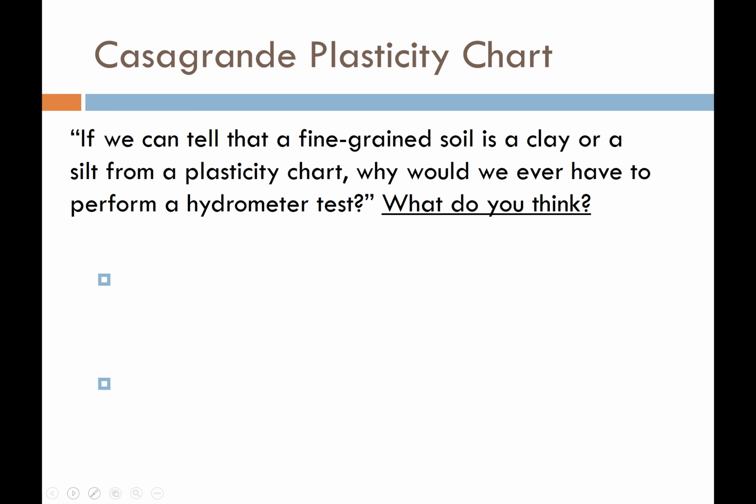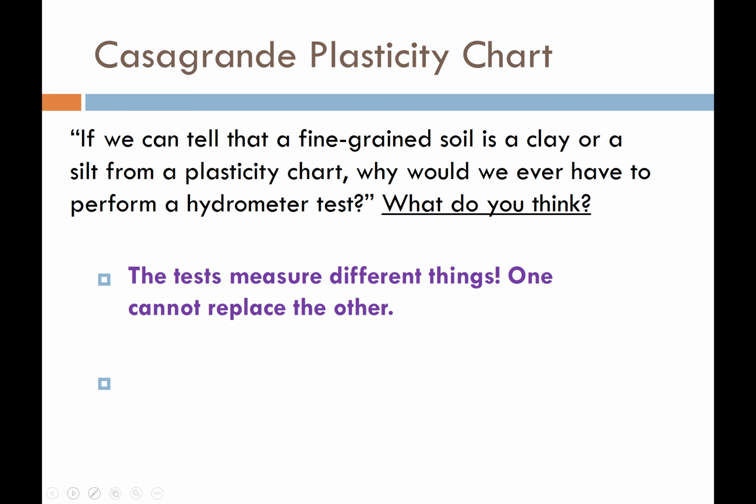If we can tell that a fine-grained soil is a clay or a silt from just a plasticity chart and the Atterberg limits, why in the world would we ever want to perform a hydrometer test, which is a lengthy test and pretty involved? And the answer to this question really is that the two tests measure different things. The hydrometer test is measuring the composition of the soil, or in other words, it's measuring the actual particle diameter of the soil.